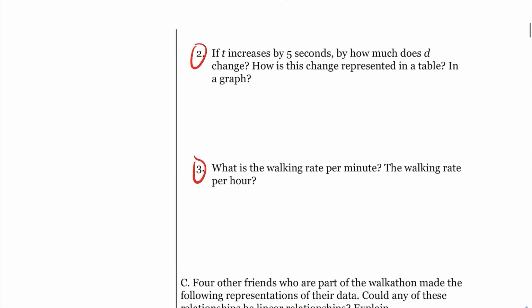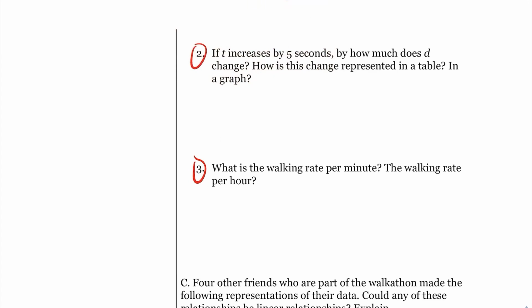So let's keep going. If t increases by 5 seconds, then how much does d change? For Alana, if t increases by 5 seconds, d increases by 5 meters. Again, a similar pattern here.